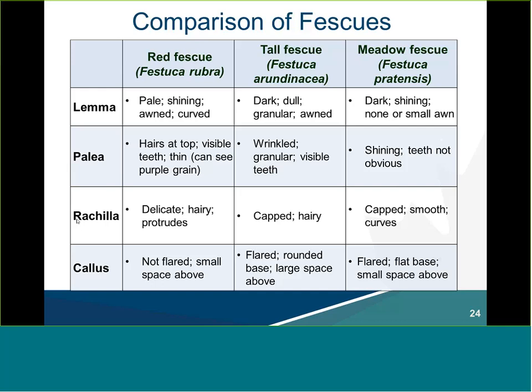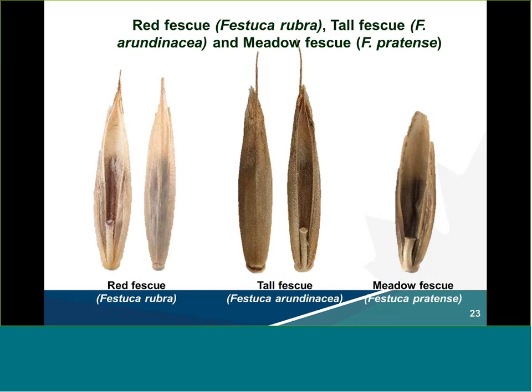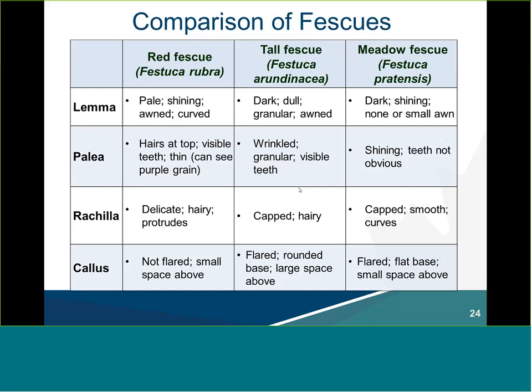Taking a look at the tall fescue palea, something I noticed that maybe didn't come across on the picture so well. You can see it at the base. The tall fescue palea looks wrinkled, kind of almost accordion folded. That's just a little tip, may not be something that holds true depending where it's grown, but it stands out to me.